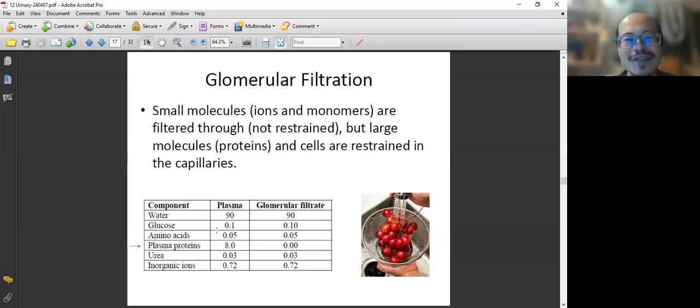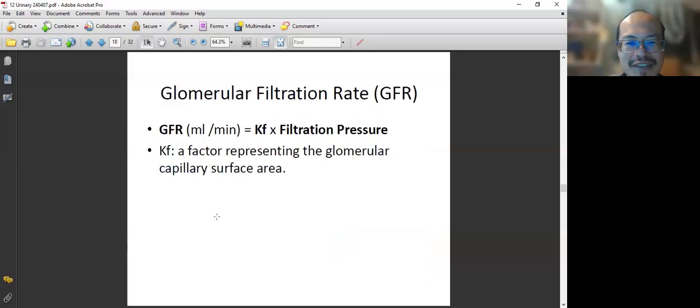All right. So if you know this, basically it's almost halfway through. You know everything already. One terminology that we commonly see in the clinical setting is how we determine the kidney function.